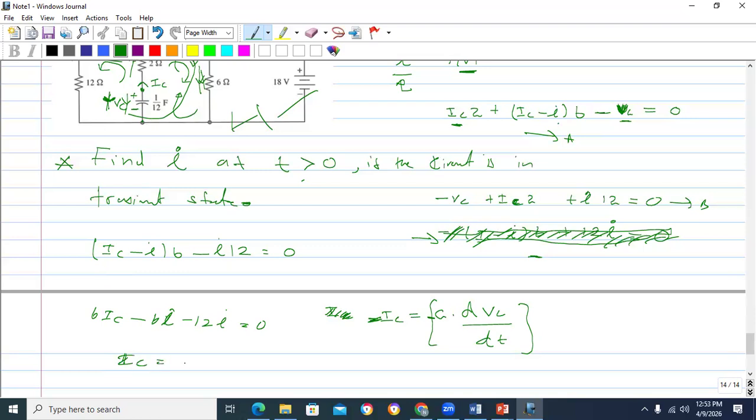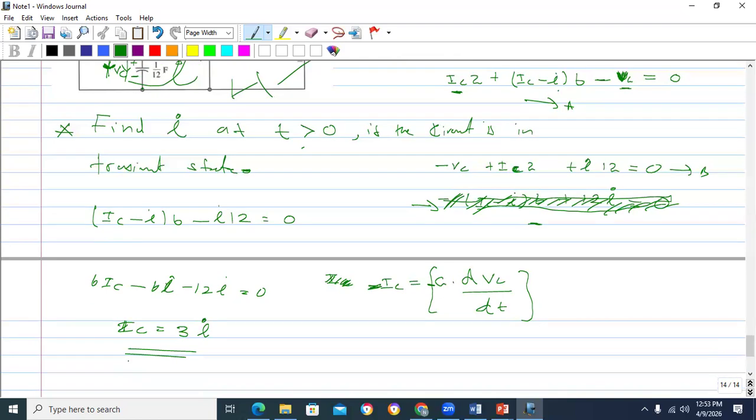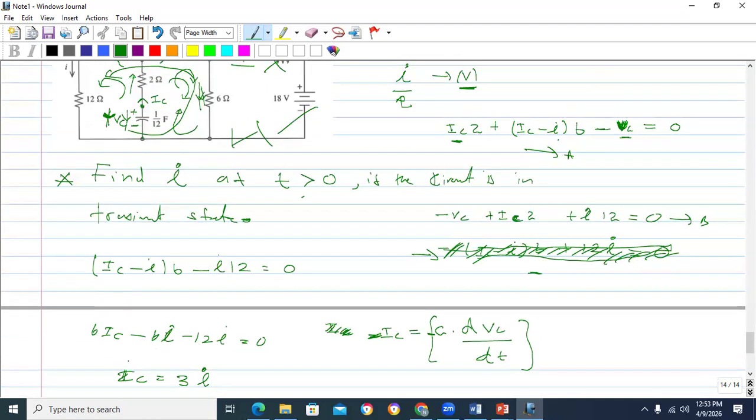So IC is equal to 6 plus 12, 18. 18 divided by 6 is 3I. So IC is equal to 3I. I can write like this.